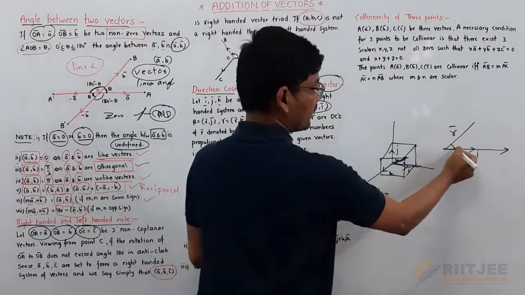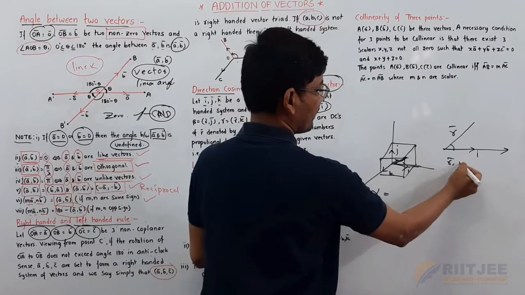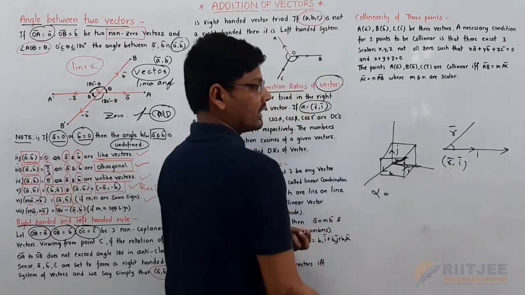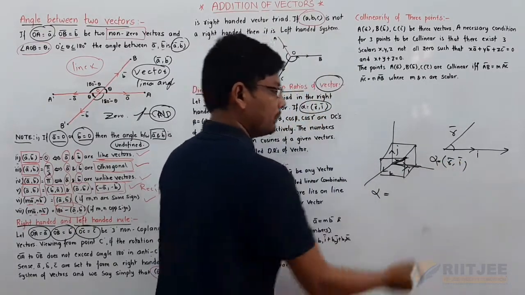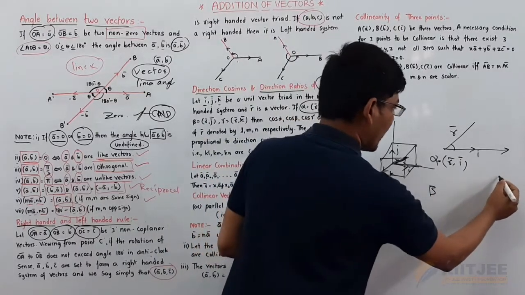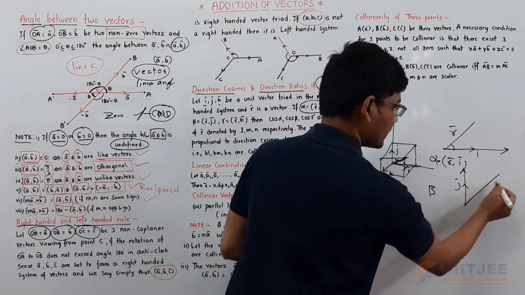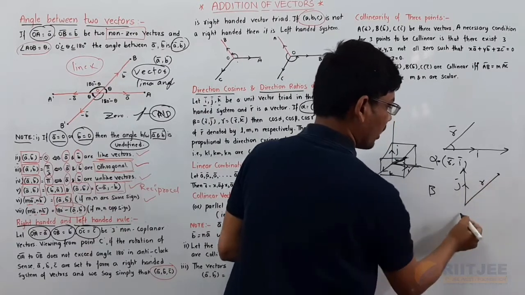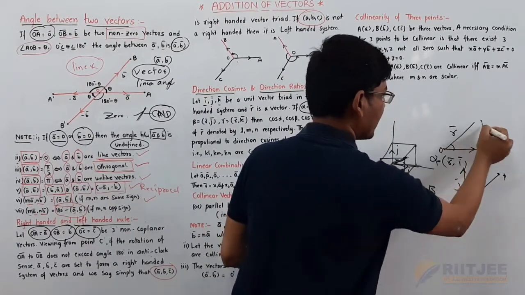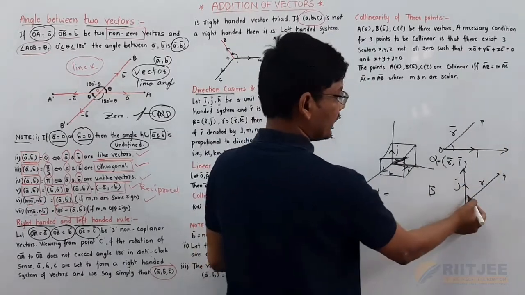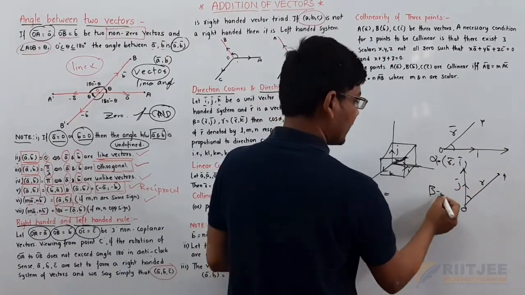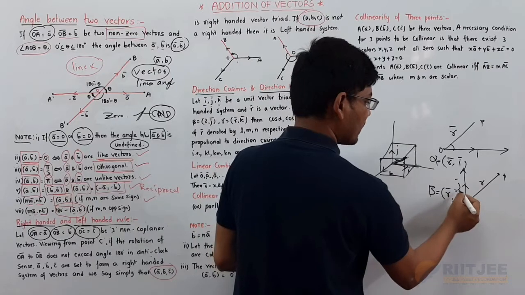This is the representation of angle alpha, and beta is the angle between r and y. This is j, this is r, this is origin and P here. So the angle beta is equal to the angle between r bar and j bar.